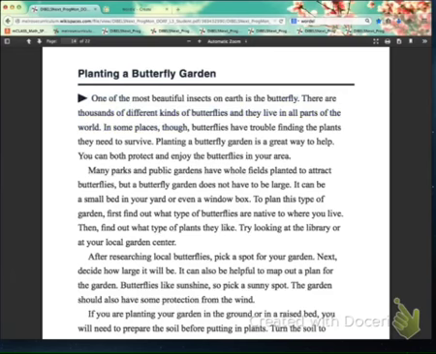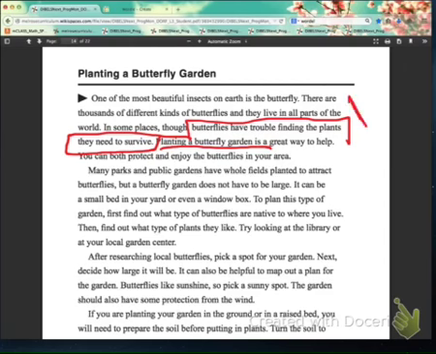They don't have anywhere to be safe. Exactly. Finding enough food. Okay, so the first thing should be butterflies have trouble finding plants they need to survive. So how you can help is how, Jolene? Planting a butterfly garden. That's the one. The first thing.